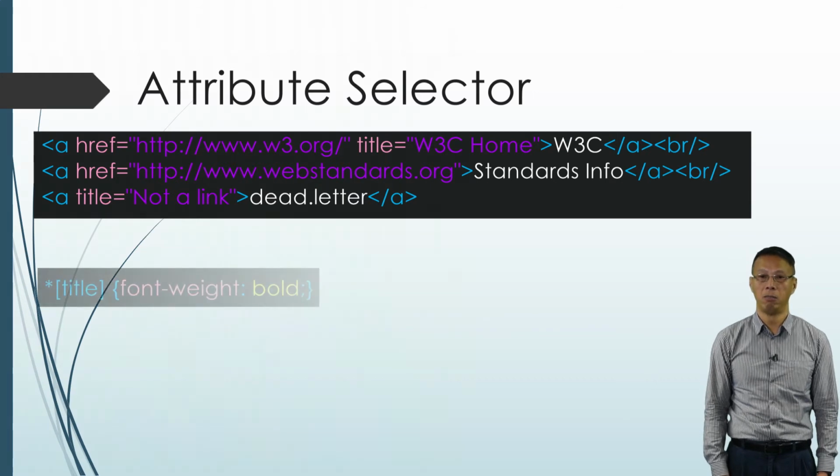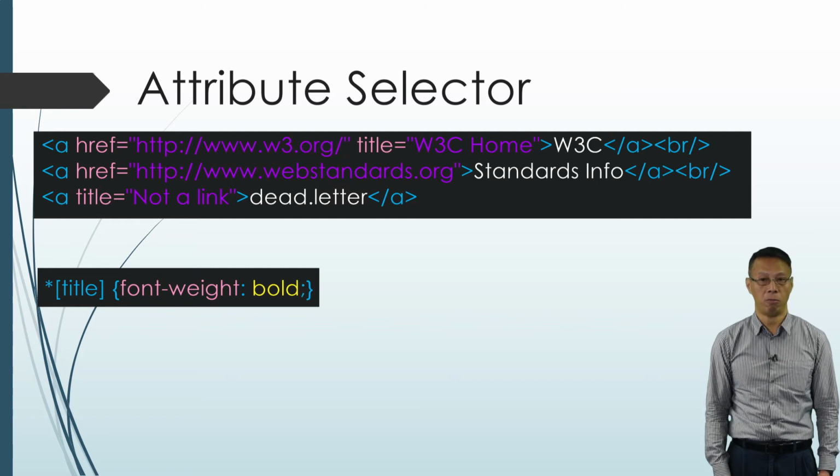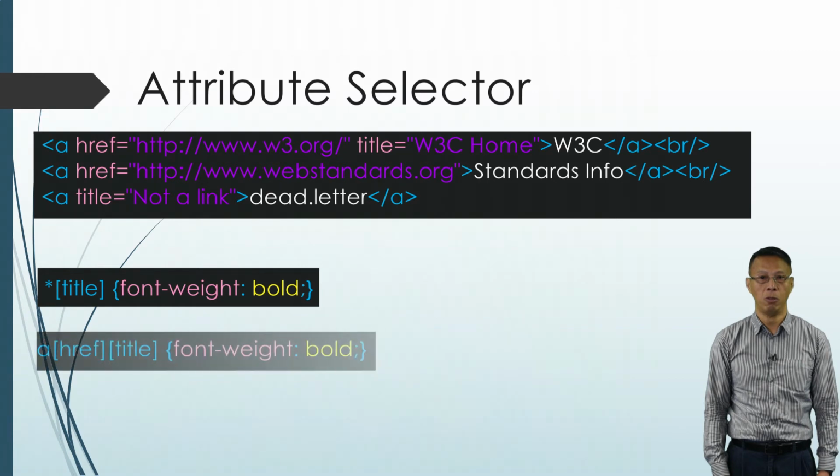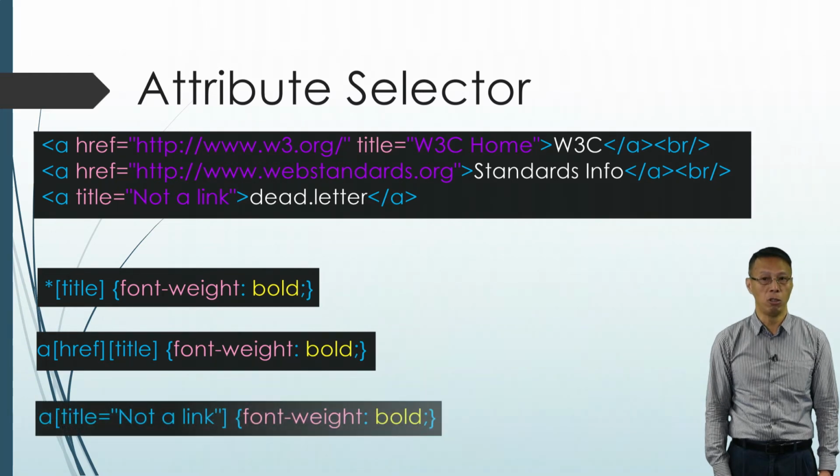Okay. Take a look at the CSS correspondence. We have star, title. We have A, href title. We have A title equal to not a link. These define 3 separate rules.